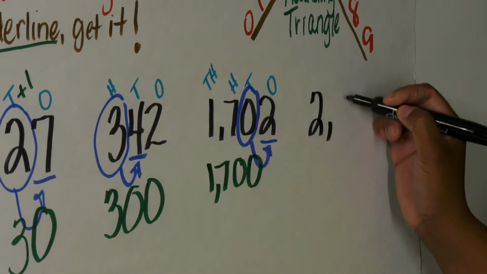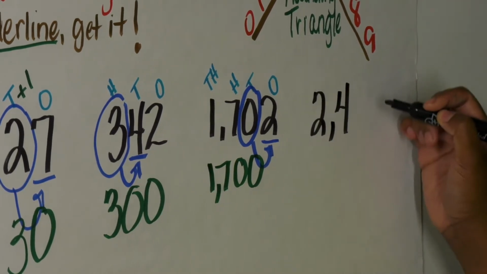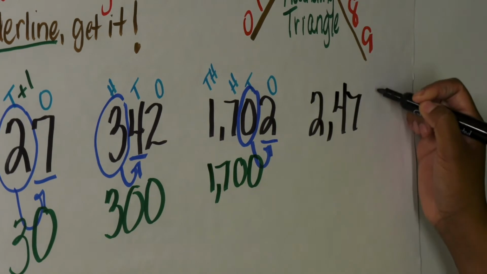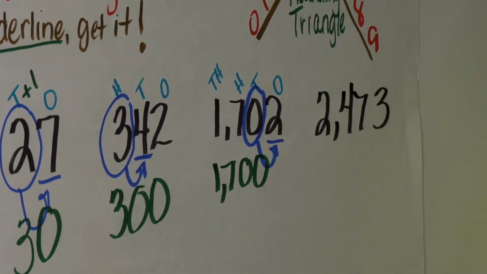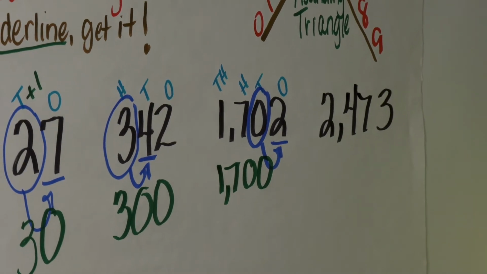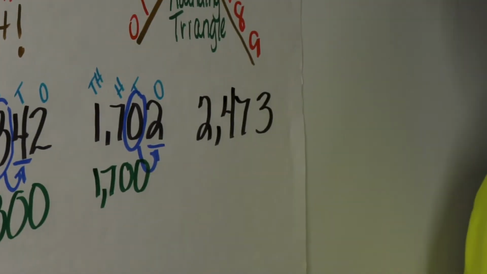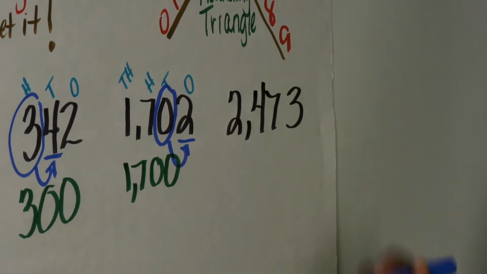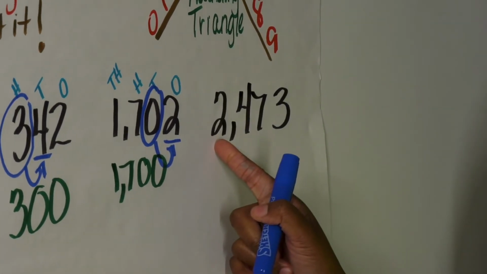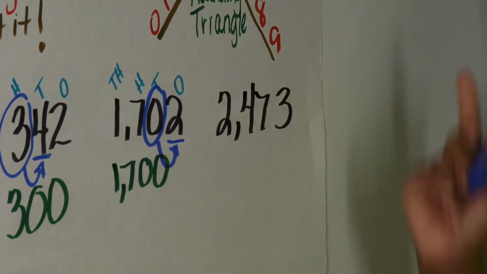So let's say we have the number 2,473, and the direction said round to the nearest hundreds place. Okay, if it said thousands, we would know. Remember, we would circle the thousands, but it doesn't.